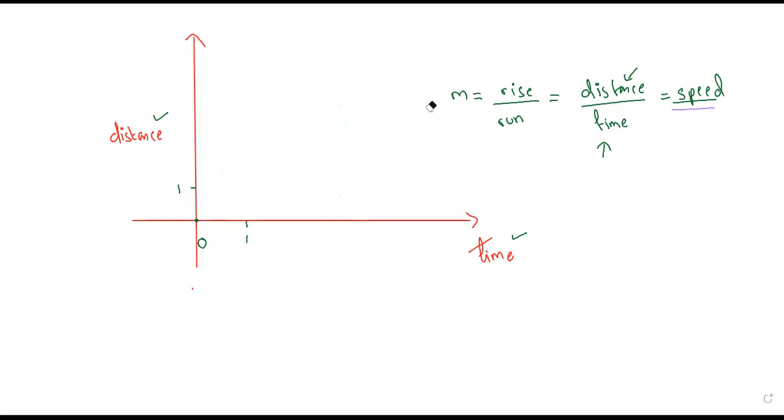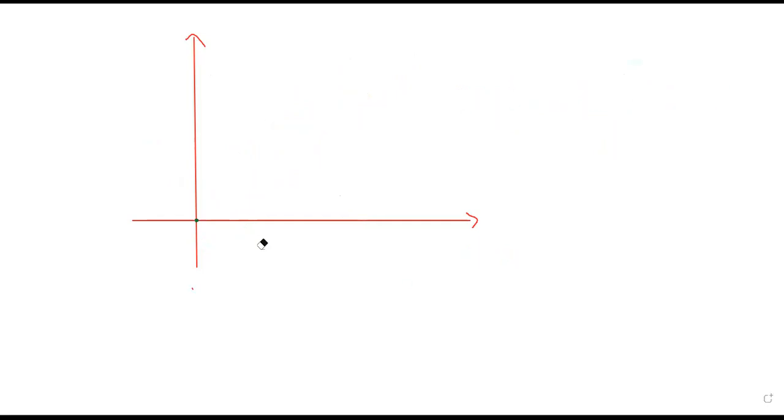Okay. Now let's talk about the next thing, that is the speed time graph. A speed time graph will help you with two things. This is the speed and this is time. Again, I'm going to talk about the simplest example and then we'll talk about different cases later on.